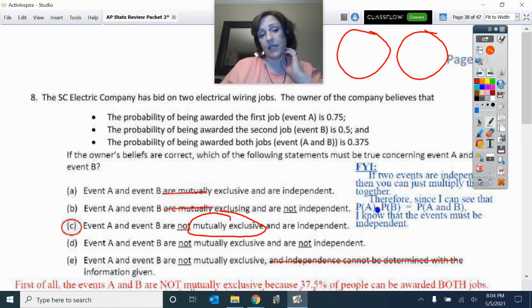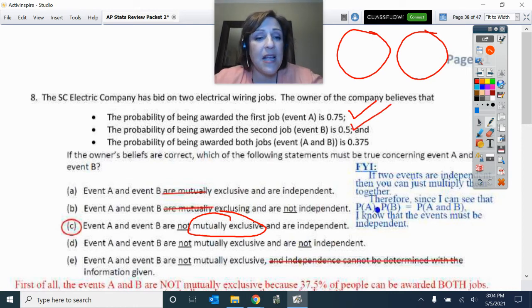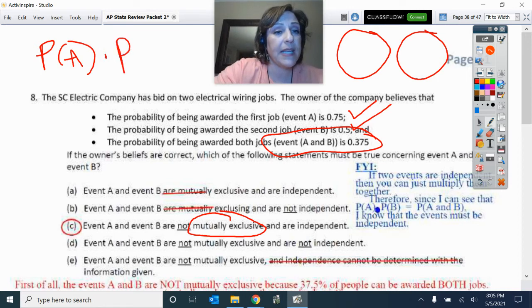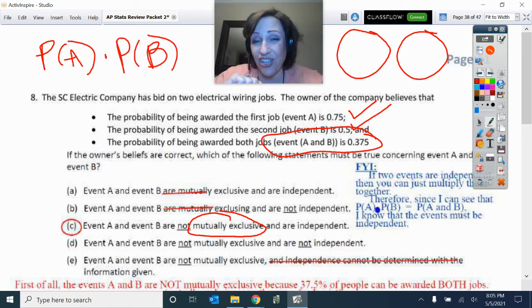So let's talk through this. So the probability of being awarded the first job, event A, is this. The probability of being awarded the second job is this. The probability of being awarded both jobs is this. So what if there is independence? Then the probability of A times the probability of B. So the fact that you are one thing, it's not changing.